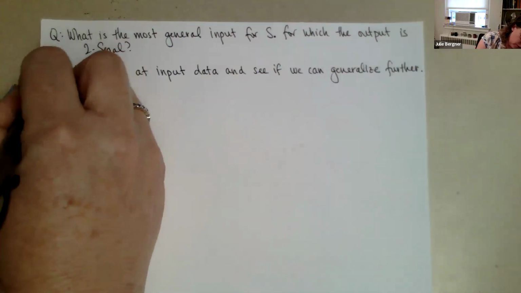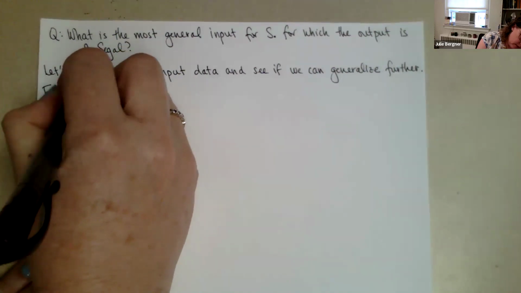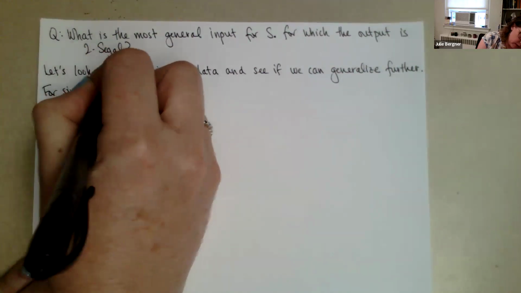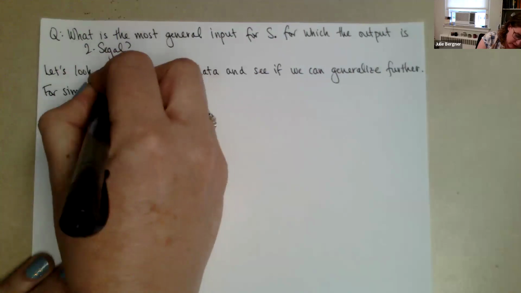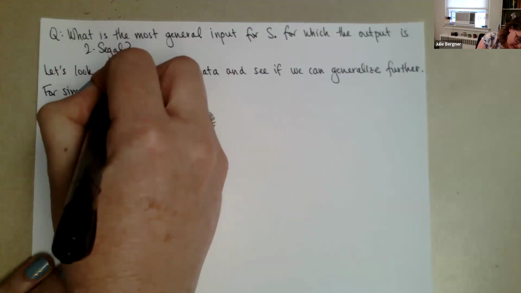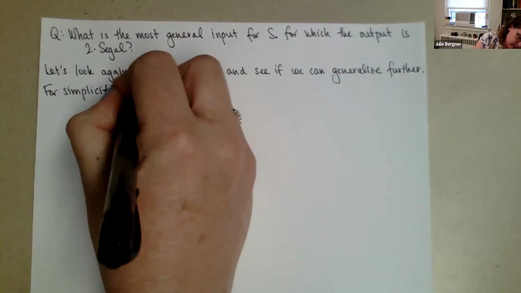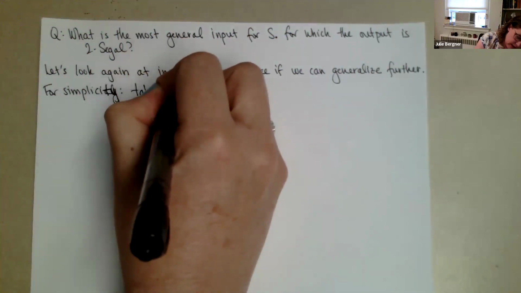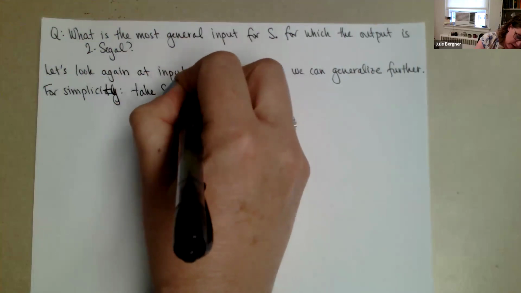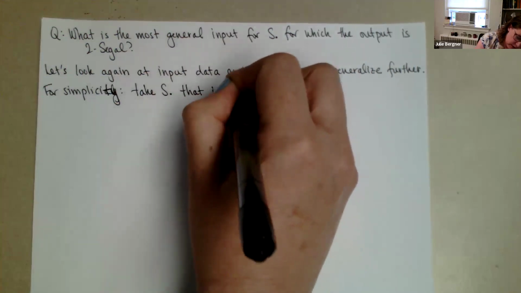For simplicity, just so I'm not throwing too much simplicial structure at you, I'm going to take an S dot that is discrete.